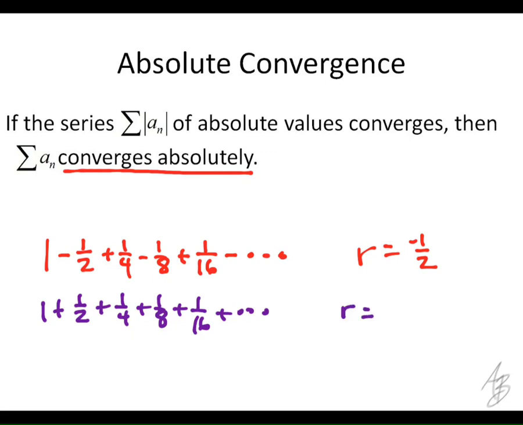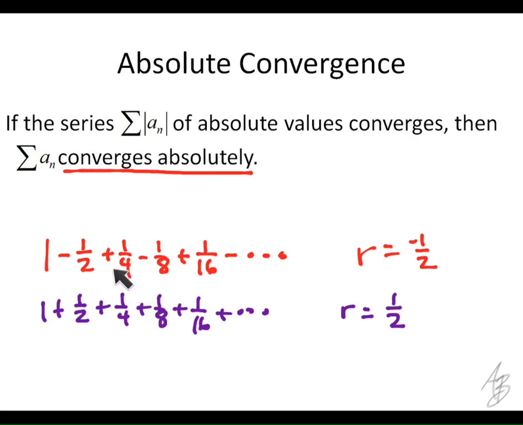Well, this is a geometric series with r equals 1/2. Does this absolute series right here converge? Yes. This converges because the absolute value of the common ratio is less than 1. All right, so we know this series converges.